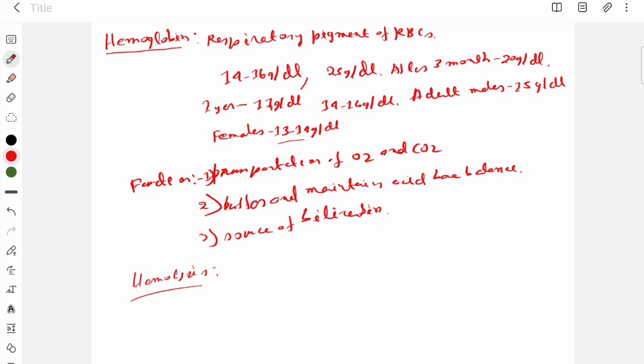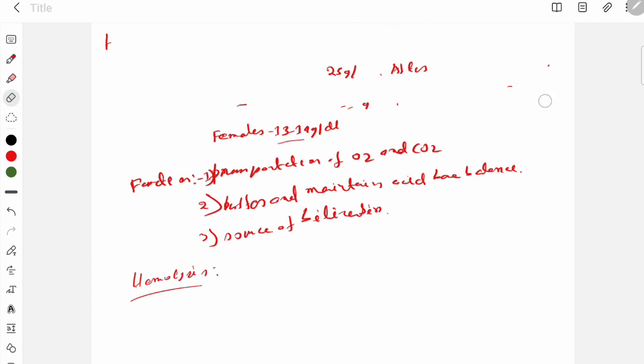Now, there are some types of hemoglobin. Normally, hemoglobin is of 2 types.